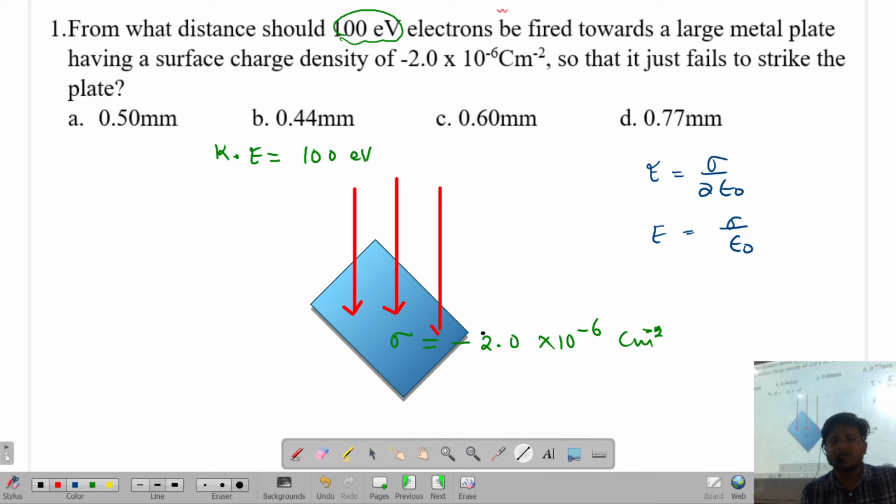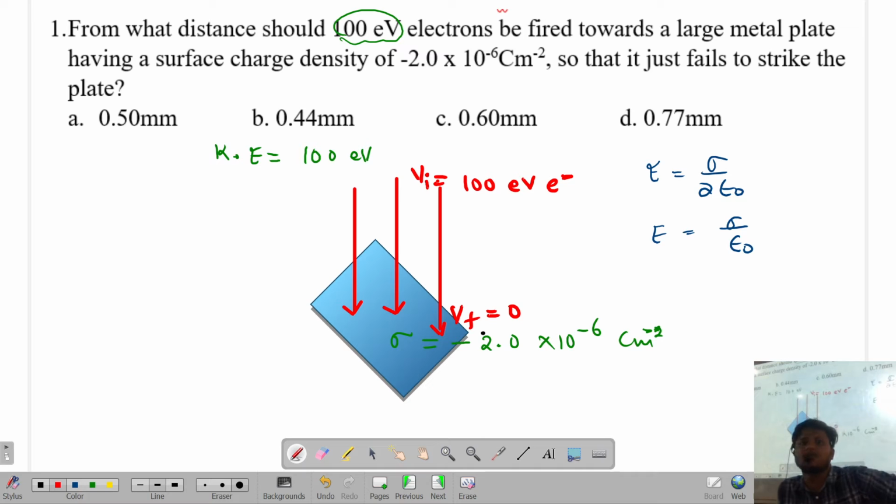Now tell me one thing. Does an electron try to move opposite to the direction of electric field or not? If you fire 100 electron volt electrons over here, since the plate is also negatively charged, the electrons will have some initial velocity, but near the plate the final velocity of the electrons will become zero or not?